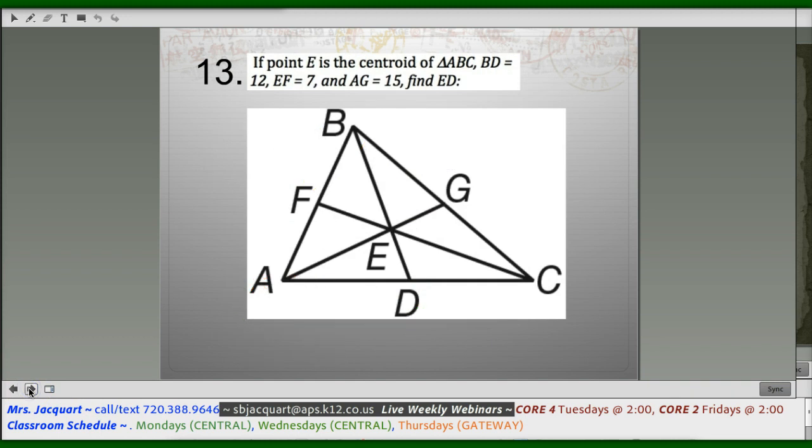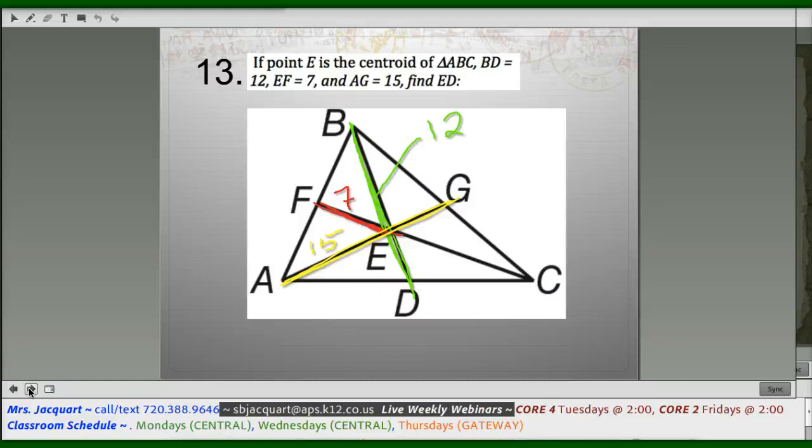Okay, if point E is a centroid of ABC, BD is 12, EF is 7, AG is 15.